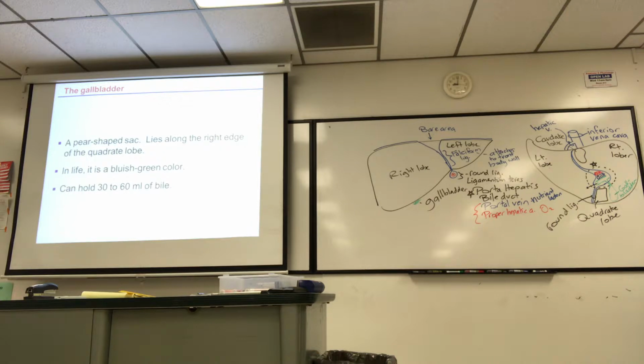So it can discolor post-mortem. All the organs in that area are just that color. It really does a job in terms of coloration. It can hold about that much bile. It doesn't produce the bile. The hepatocytes in the liver do, but they can be stored there.